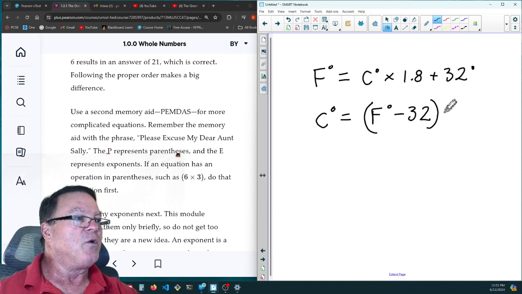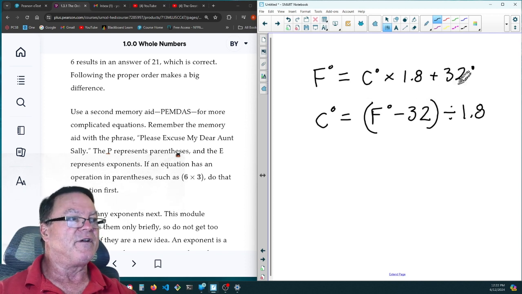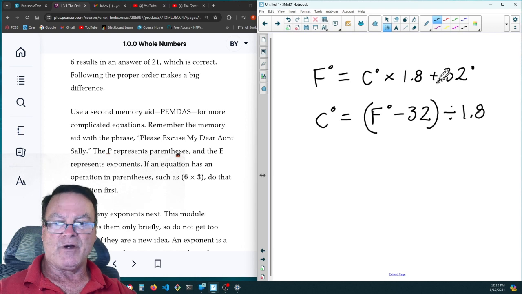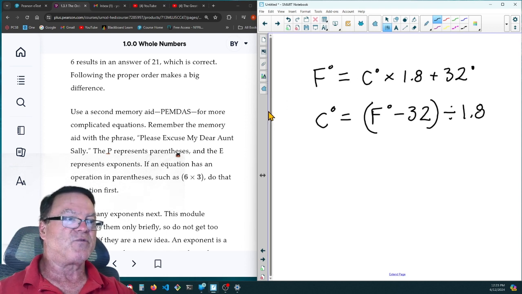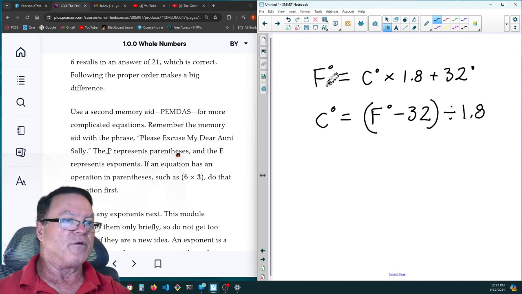And then we would divide it by 1.8, and that equals Celsius. Okay, so those are formulas. And when you have an equation or a formula, you want to calculate it in the order of operations. That's what they're talking about here, the order of operations.